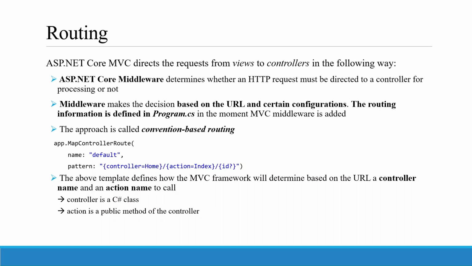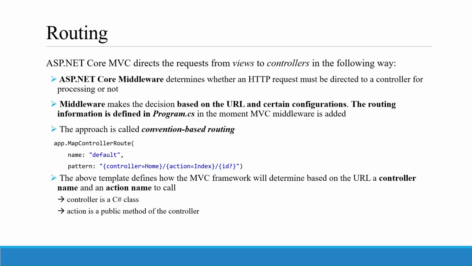So now let's take a look at this example: {controller=Home}/{action=Index}/{id?}. Basically, we have three components for the URL. The first part represents the name of the controller to which the request will be directed.